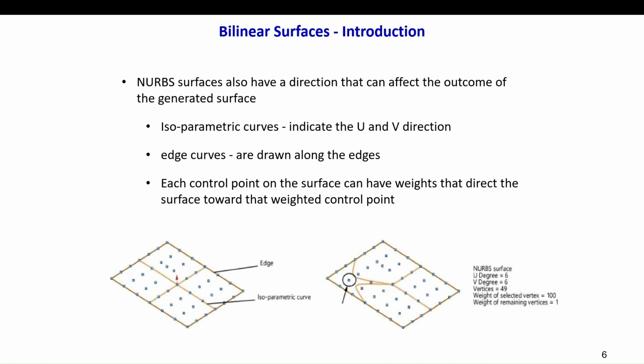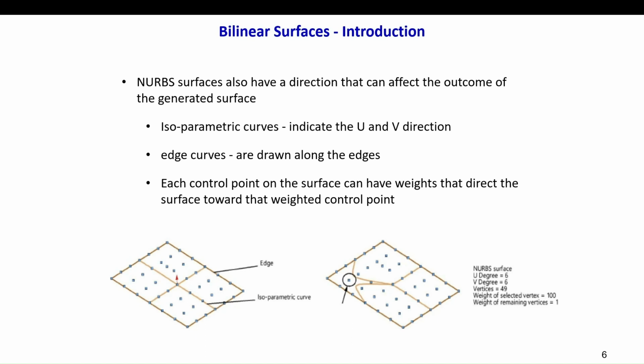Each control point on the surface can have weights that direct the surface towards a weighted control point, as I'll show below. The first figure on the left depicts the edge and parametric curves that I mentioned earlier. The isoparametric curve is the orangish lines that you see there, followed by the black lines around the edges of the surface.